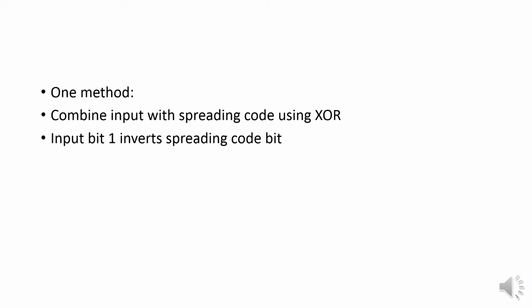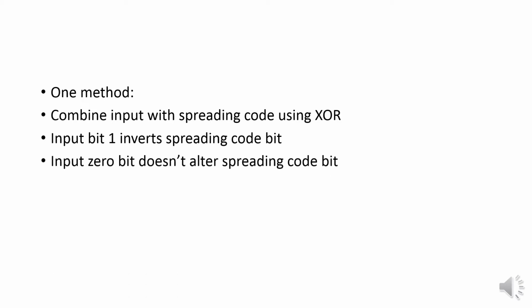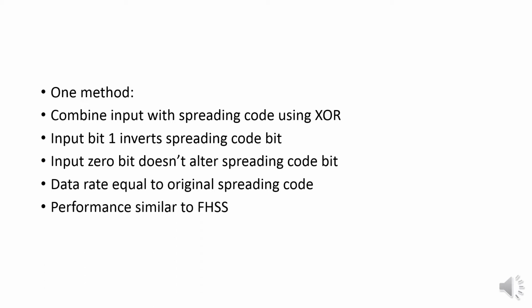The input bit 1 inverts the spreading code bit. The input bit 0 does not alter the spreading code bit. The data rate is almost equal to the original spreading code. The DSSS performance is also similar to frequency hopping spread spectrum.